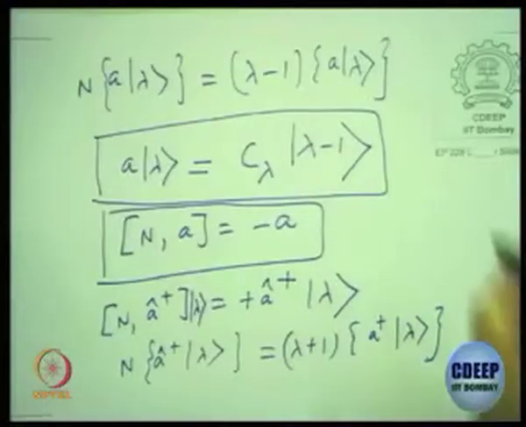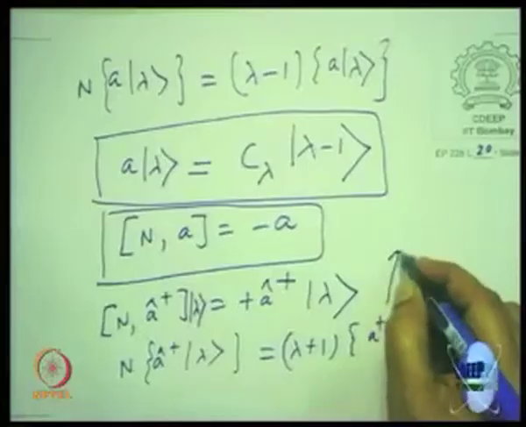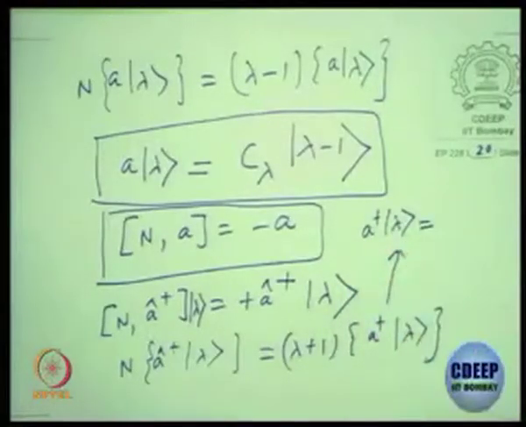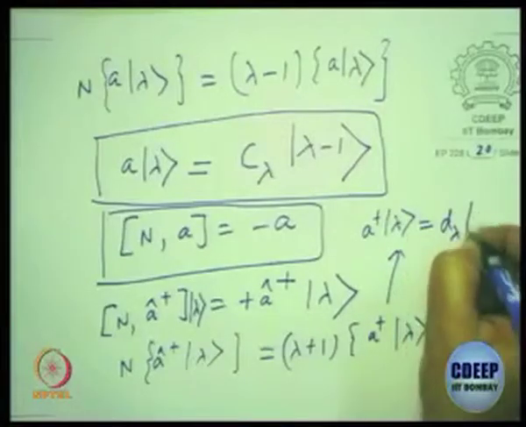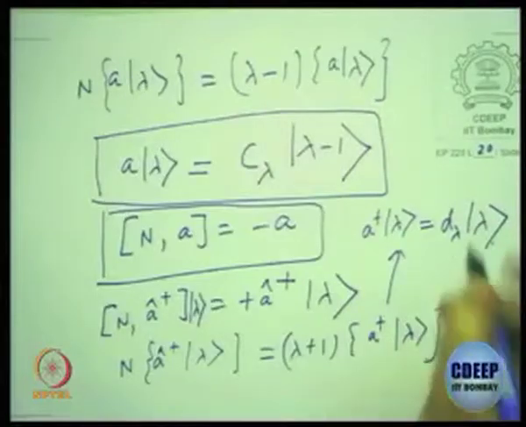What will this imply? This will imply A dagger on lambda should be some coefficient times lambda plus 1.